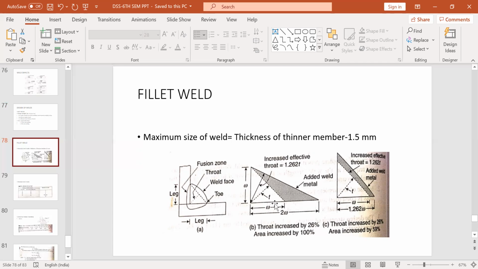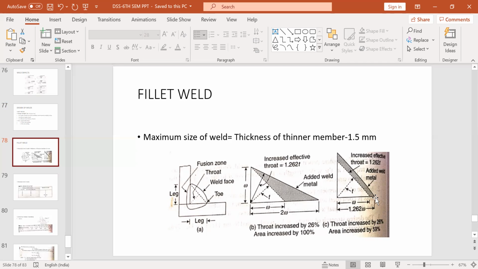Clearly, this thickness, the perpendicular distance, is increasing by 26%. So when you increase the length of one of the legs by twice, the throat thickness increases by 26%, and the area increases by 59%.